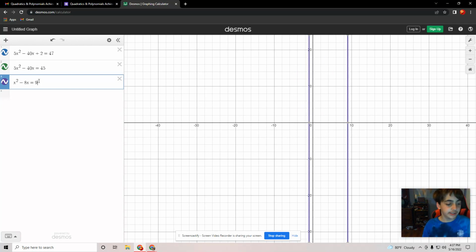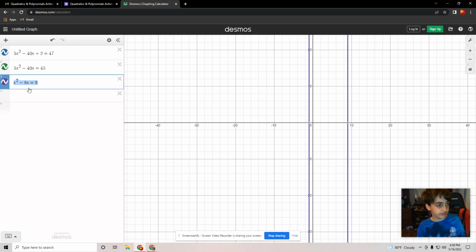Step 3 is add b divided by 2 squared to both sides. So here the thing is b. So b divided by 2 is negative 4. Negative 4 squared, 16. The special thing you gotta do here though.